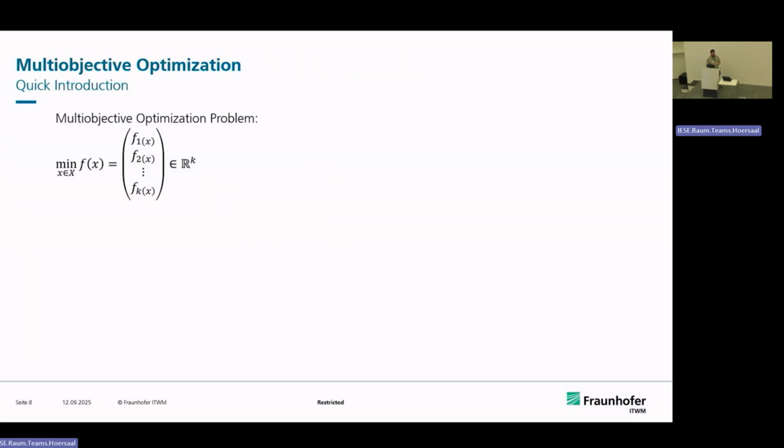And so this is the practical part, but how do we do this mathematically? A multi-objective optimization problem looks as follows. You have your feasible set X, you want to minimize a function, but the function is not scalar valued, it's vector valued, consisting of functions f1 to fk. If I have just two functions, this looks like this.